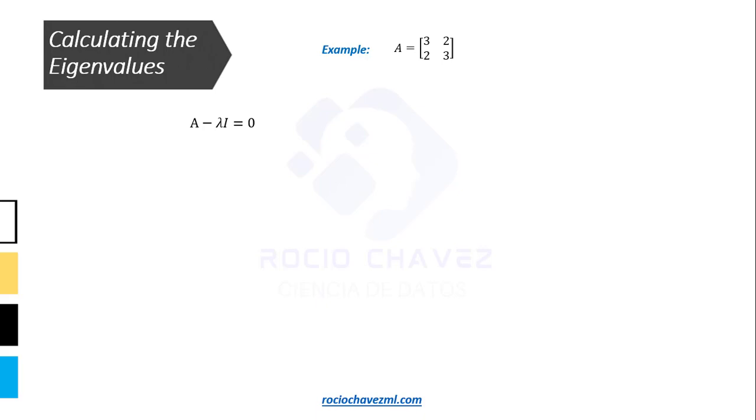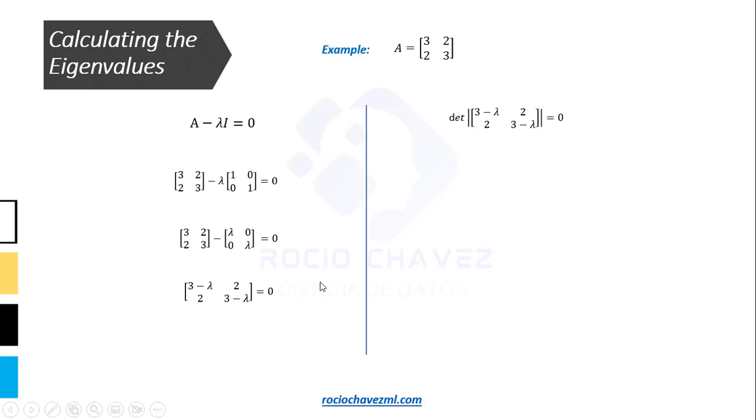We said that the original matrix minus lambda multiplied by the identity matrix was equal to 0. After performing the subtraction, we are left with this matrix, which is 3 minus lambda, 2 minus 0, 2 minus 0, and 3 minus lambda. To obtain the value of lambda, we will obtain the determinant of the matrix.